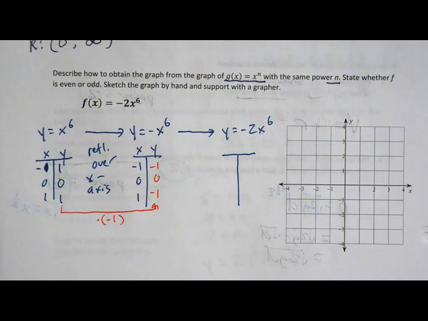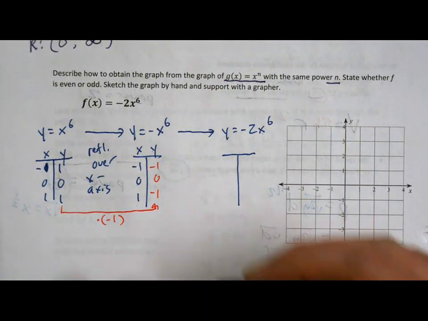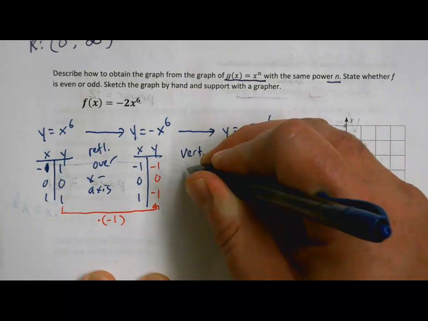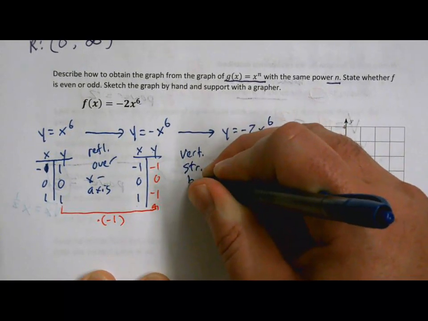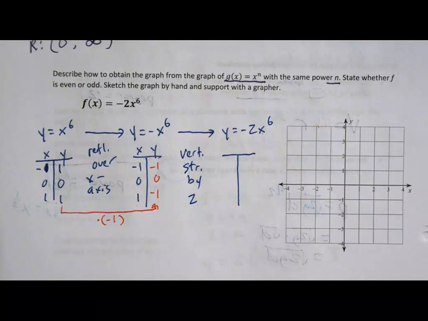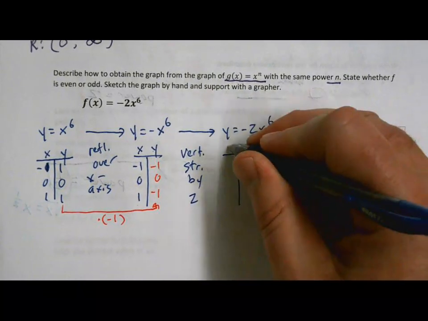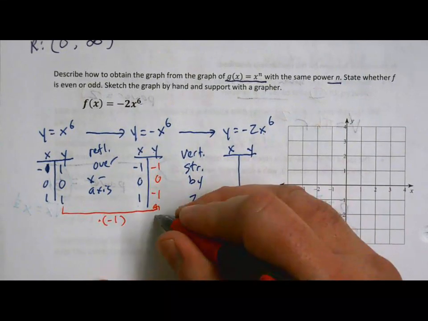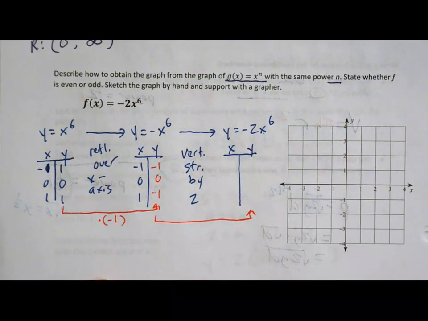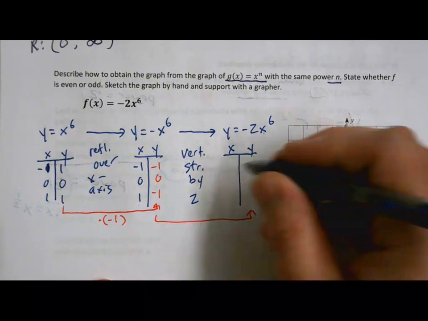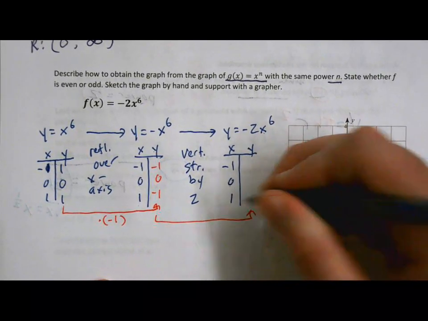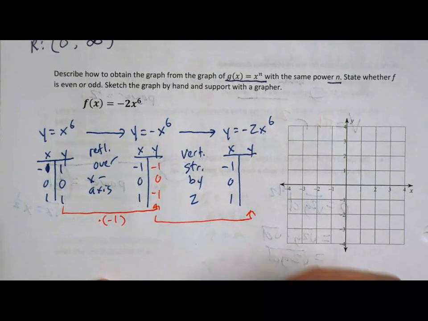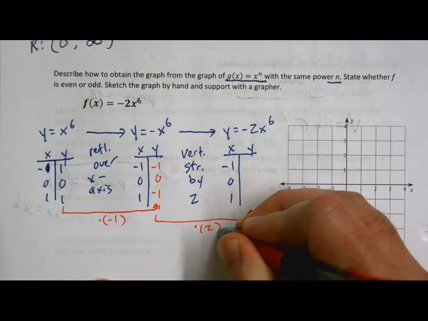Vertical, and is that a stretch or a shrink? Vertical stretch by 2, good. And once again, that's vertical, so that should be affecting our y coordinates yet again. X coordinates will stay the same. And these are just going to multiply times 2.